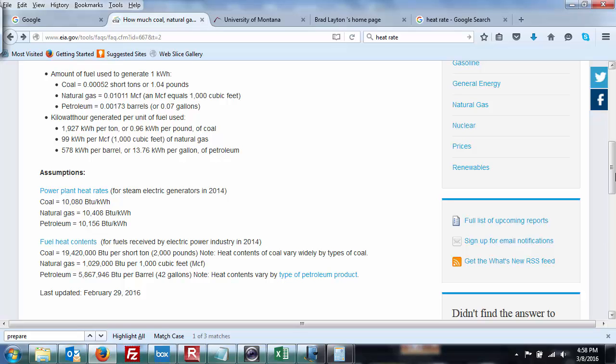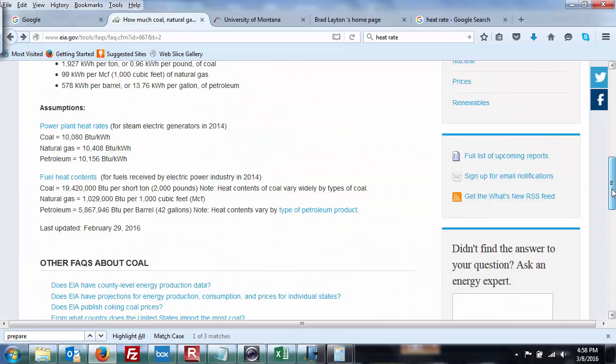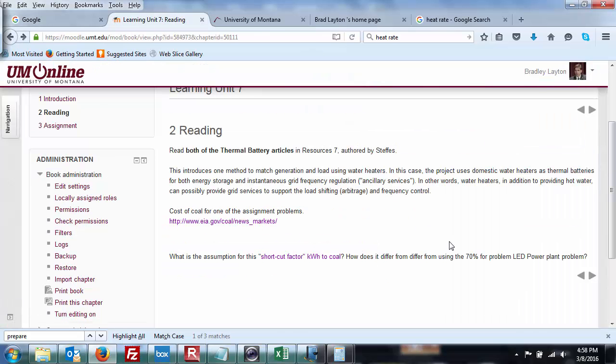Okay, so these are all pretty straightforward. Other factors about coal. It's still not clear to me what's going on with the storage here. Let's just keep reading. What is the assumption for this shortcut factor? How does it differ from using the 70% for the LED problem?